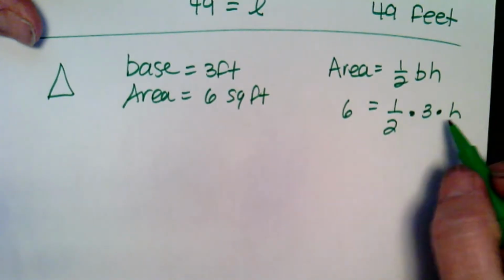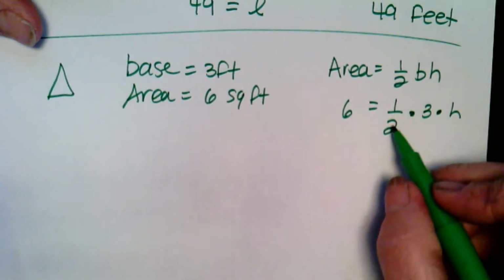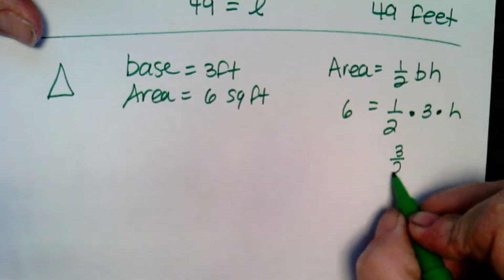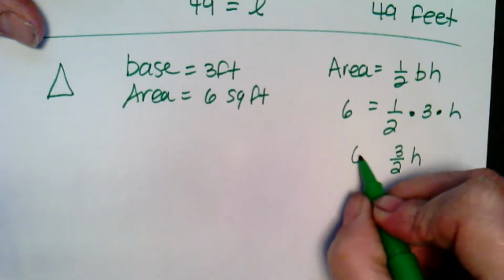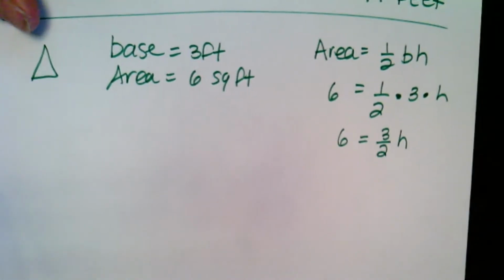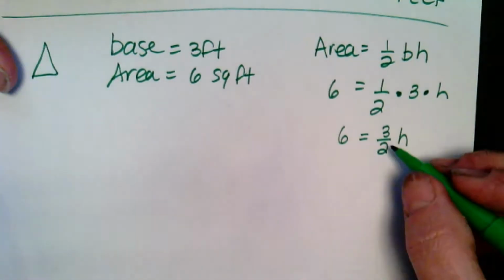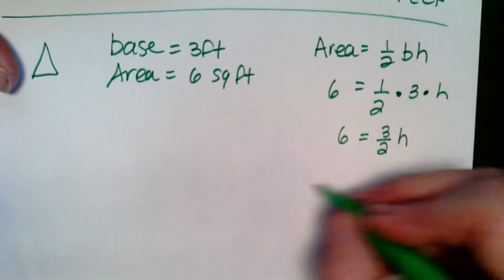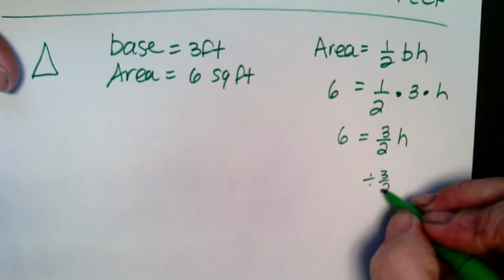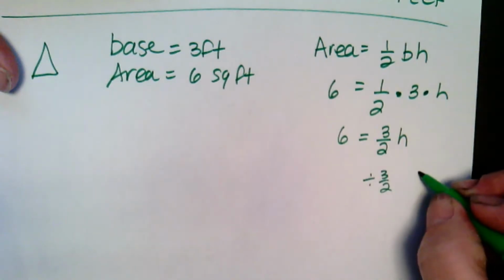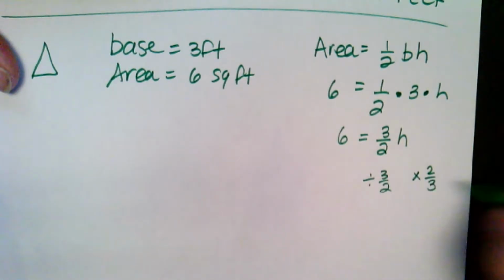Now how you would simplify this is we would put these two together. Half times 3 is 3 over 2. I'm going to leave out my little dots because when things are together it means multiply, just as much as a dot does. We would divide by 3 halves on both sides, but remember dividing is the same thing as multiplying and flipping.